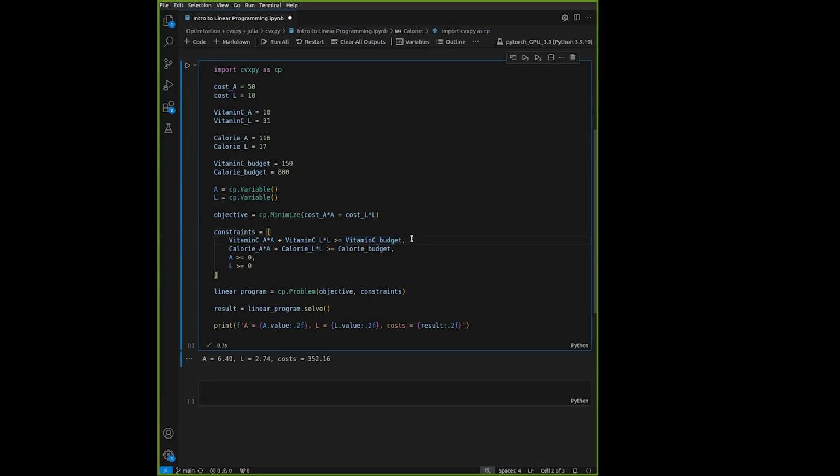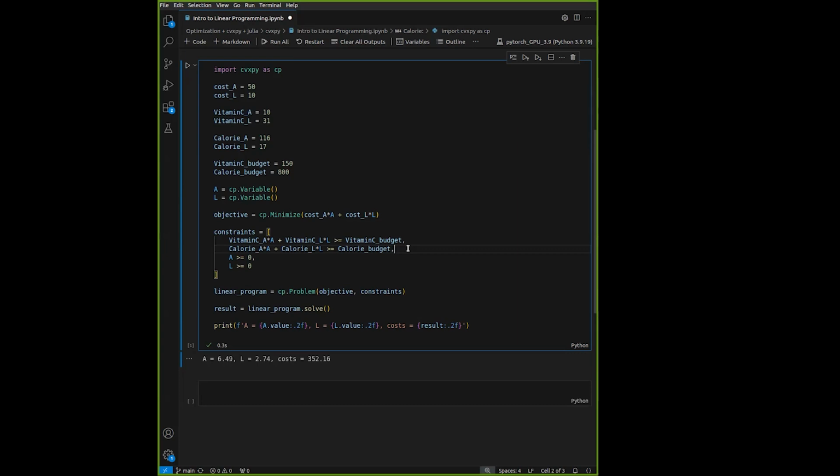That's my first constraint. The second constraint is calories coming from apples, which is the first term, and calories coming from lemons, which is the second term. The total calories will be the sum of these two terms, which should be greater than some calorie budget. That's my second constraint. Now the thing about mathematical optimization is that it's very precise.